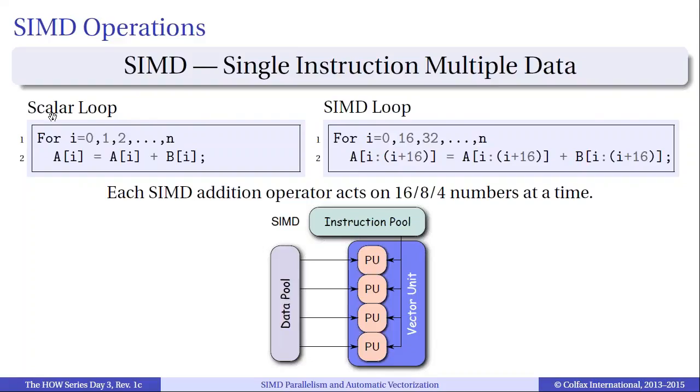But if I have a vector processor, such as an Intel Xeon or Intel Xeon Phi, then I can potentially take up to 16 numbers or however many numbers the vector unit fits and add 16 elements at a time and write back the results. So this is potentially a huge speed up.